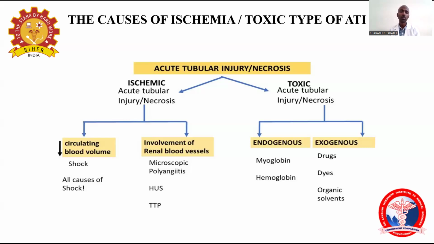With myoglobin, there is a muscle injury; the injured muscle releases myoglobin, which goes into the kidney and affects the renal tubules. Hemoglobin, in the same way, also affects the renal tubules. The exogenous ones are mostly due to drugs, for example amphotericin B or amikacin.